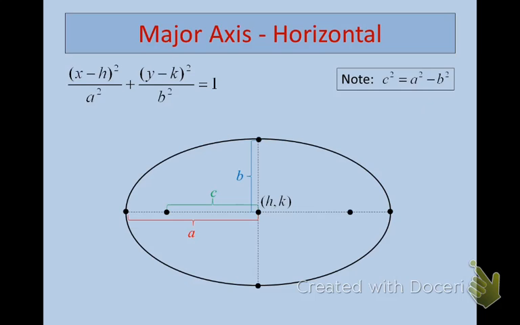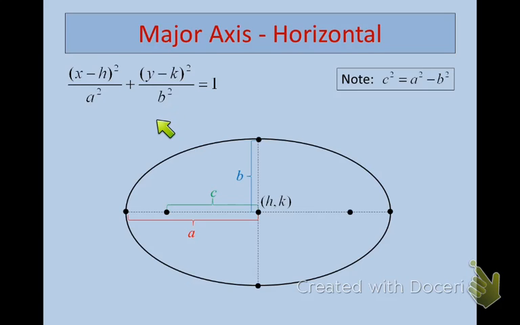The other thing to pay attention to, the way that you guys are going to know whether it's a vertical or horizontal major axis, is you're going to look at which term is your A term. Remember, should A always be bigger than B? Yes. So A squared should also always be bigger than B squared, right? So you're looking at your two denominators, and whichever denominator is bigger tells you which value is A and which value is B, right?